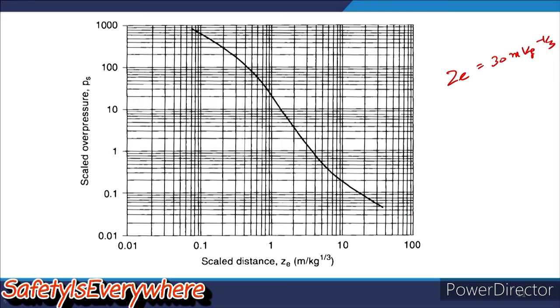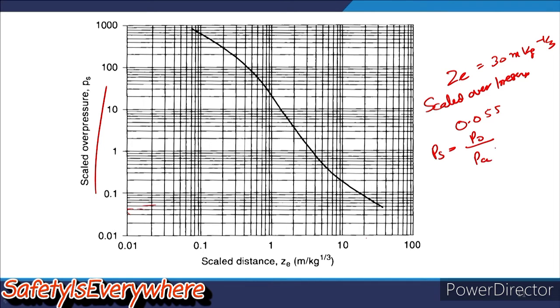From this particular figure we can read the scaled overpressure, which is given on the y-axis, and it comes out to be somewhere in this zone, because this is the log plot. For 30, it comes out somewhere here, and for ease we have calculated it to be 0.055.